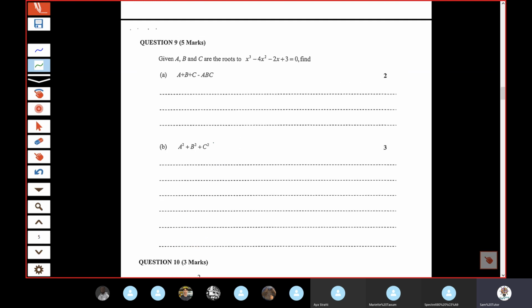Question 9. 100% will be in your exam, because you either know the formula and you'll get full marks, or you don't and you can't get it out. Can anyone help us out with this one? A squared plus B squared plus C squared. It's annoying that they didn't use alpha, beta, gamma, but anyway.